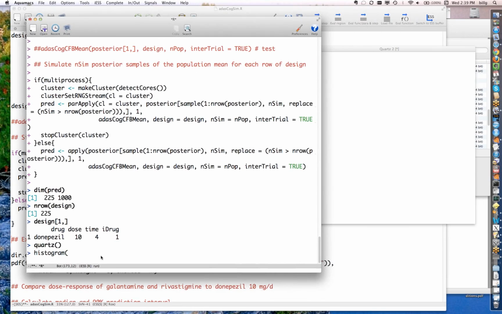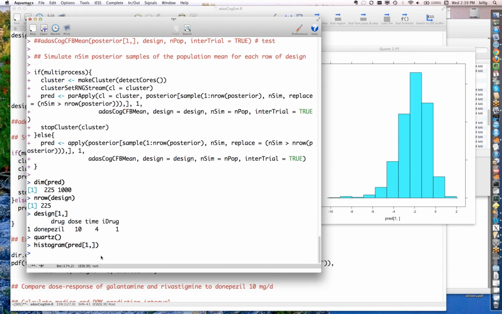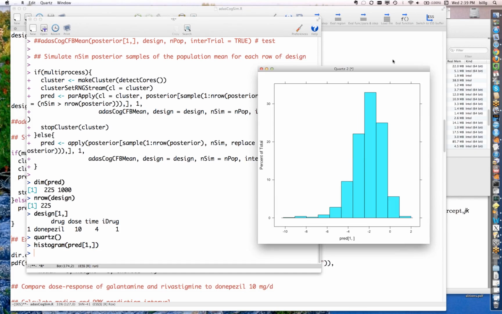So this would be PRED, and I want the first column. Okay, so that gives you a histogram describing the posterior distribution of our population mean for ADAS-Cog change from baseline corresponding to donepezil 10 milligrams at 4 weeks following the start of treatment.